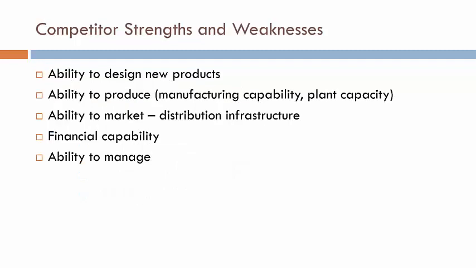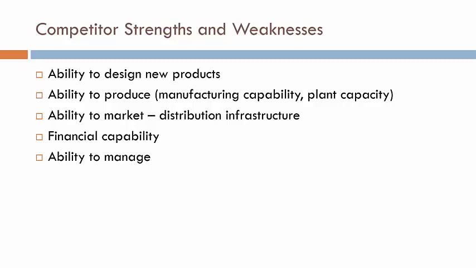Okay. So essentially, this element of the market structure analysis requires us to understand where the competitor's strengths and weaknesses are. What I have here is a list of some important areas where a competitor may have strengths or weaknesses relative to our company. This by no means is an exhaustive list, and this list can also be industry specific.